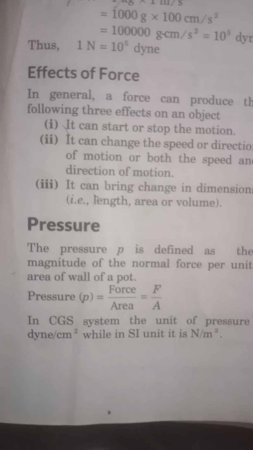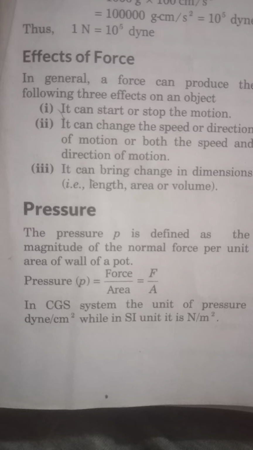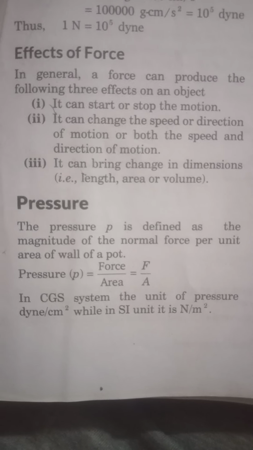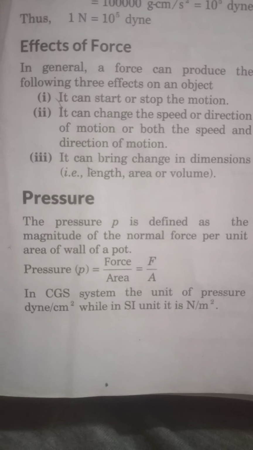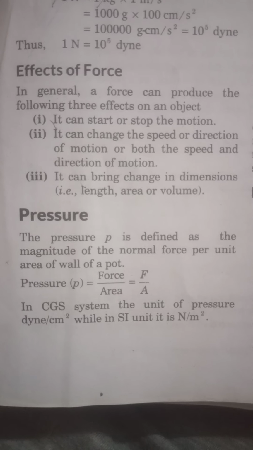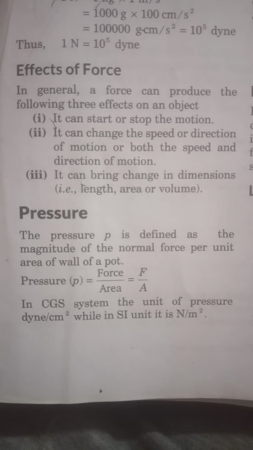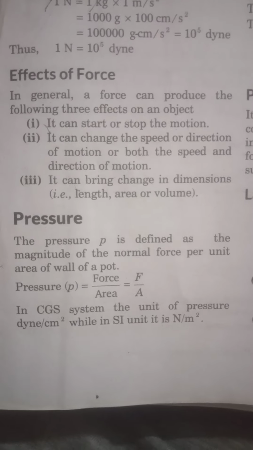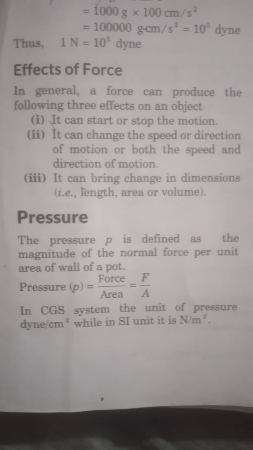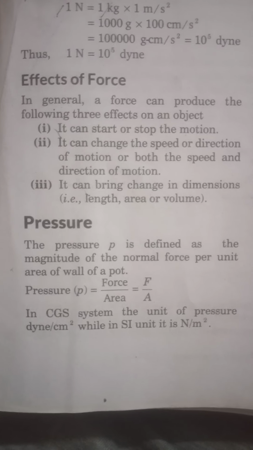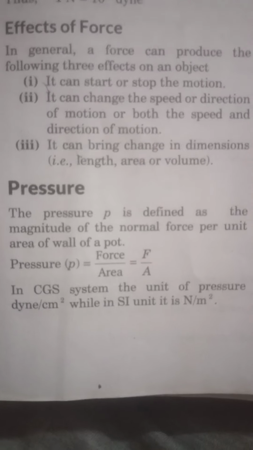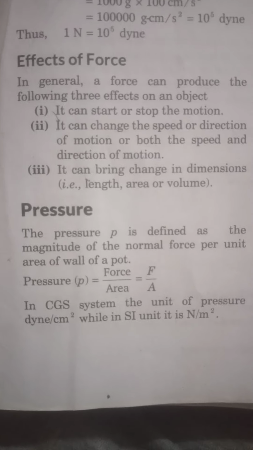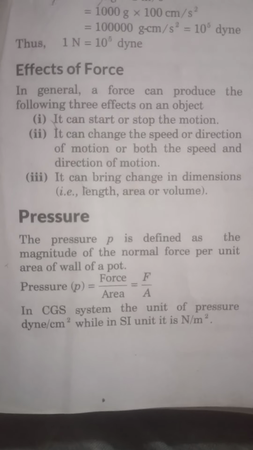The pressure P is defined as the magnitude of the normal force per unit area. How much force you apply per unit area at any place is called pressure. Pressure, small p, is equal to force upon area, that is F upon A, capital A.